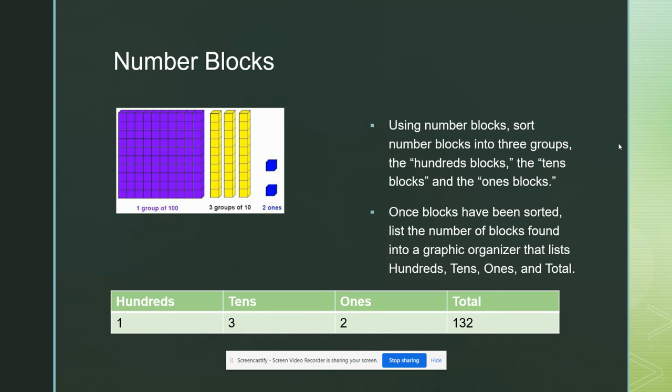Now, based on those place values, the hundreds, tens, and ones, you will take each number and put it in line with the total number. So, for example, the ones goes in the far right in the ones column, the tens goes just to the left of that in the middle, and the hundreds goes third from the right, giving us a total of 132 blocks.